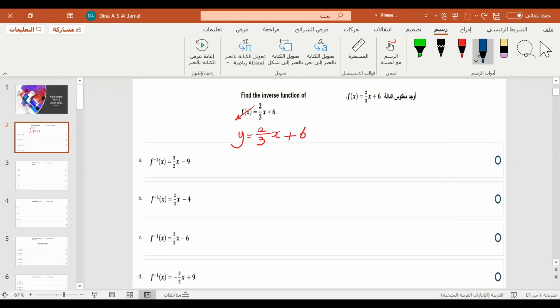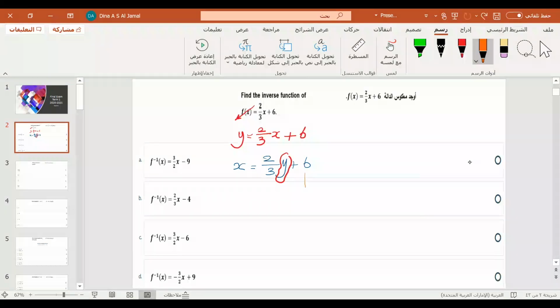Then imagine that you are having a mirror exchange between the y and the x. So we will be having x is equal to 2/3y plus 6.